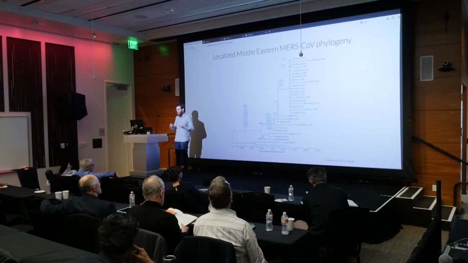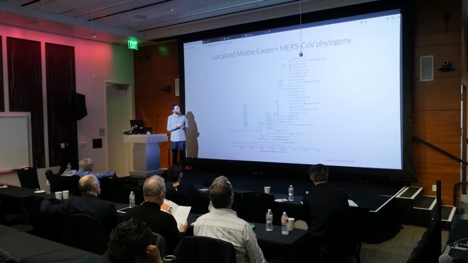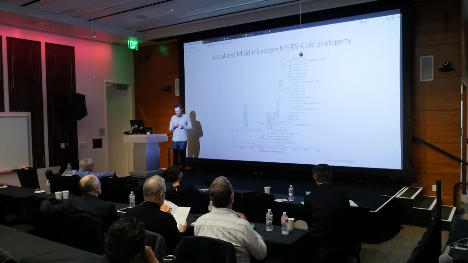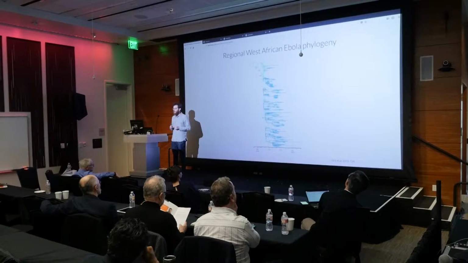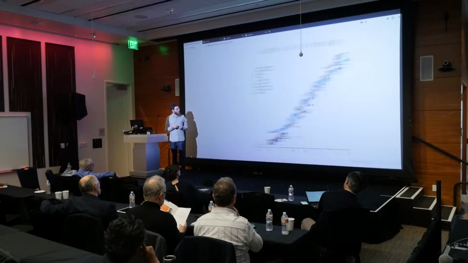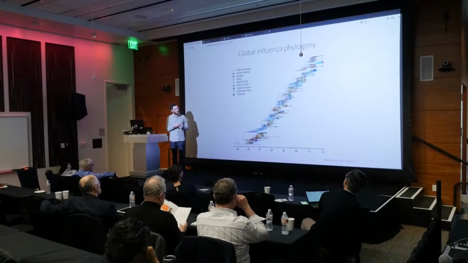These phylogenetic trees work on a variety of scales and also with a variety of different pathogens. We can zoom in and look at an outbreak of Middle Eastern MERS coronavirus in a hospital in Al-Hassa, we can zoom out and look at spread of Ebola across West Africa over the course of about a year and a half, or we can zoom out further and look at the spread of flu across the globe over the course of about 12 years.